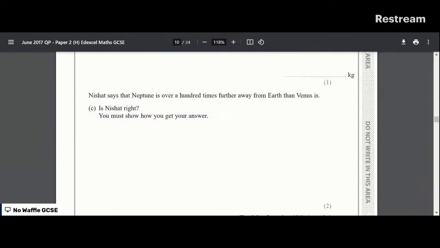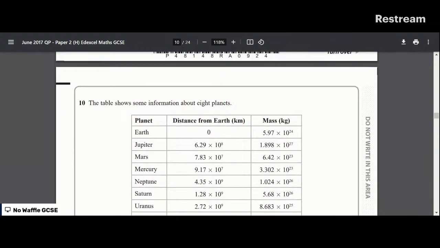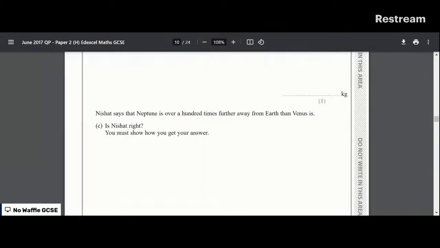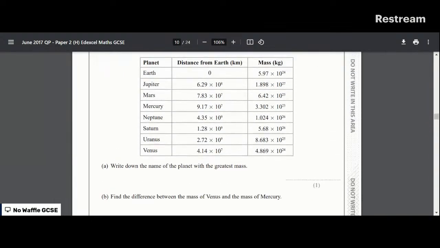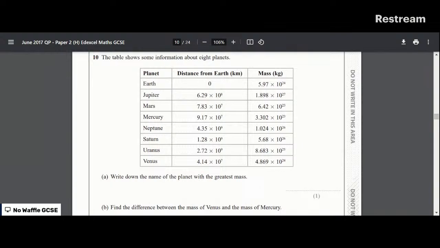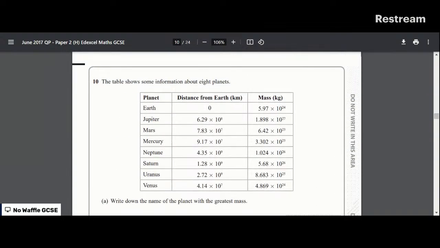Nishit says that Neptune is over 100 times further away from Earth than Venus is. Is Nishit right? So we're looking at Neptune and Venus. Because it says show your working, you can't just calculate this, you've got to show it out.